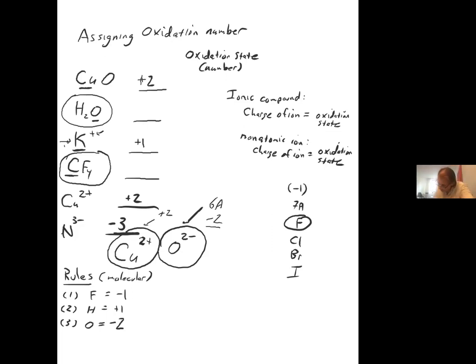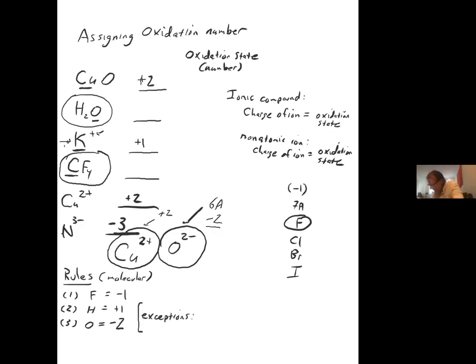But I have to warn you that for rule 2 and rule 3, there are a few exceptions. I don't want to spend a long time on the exceptions because they're exceptions. They're not what you normally see, but they are important.